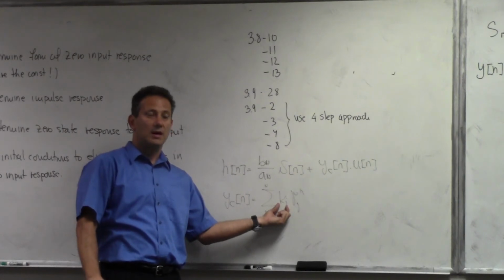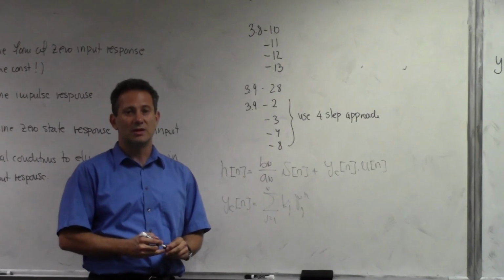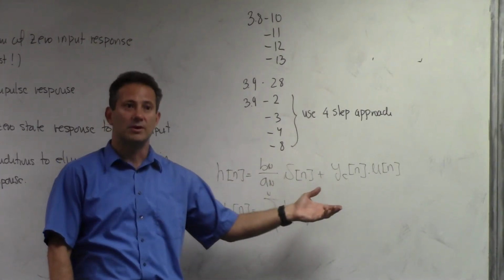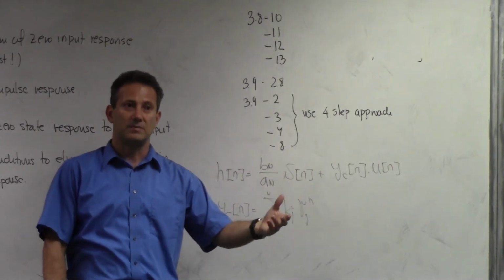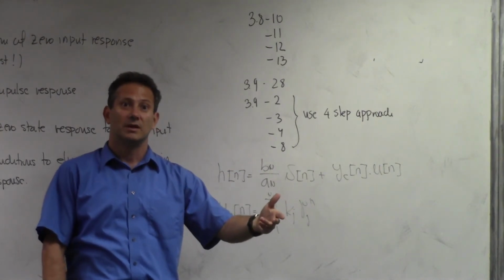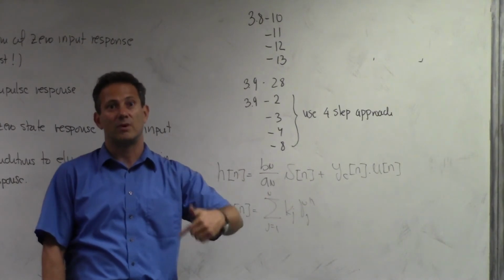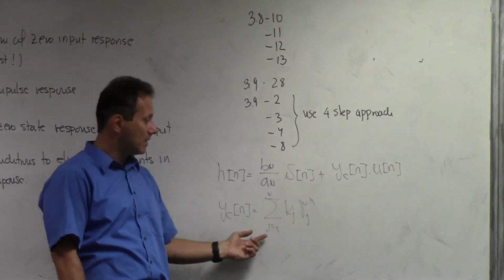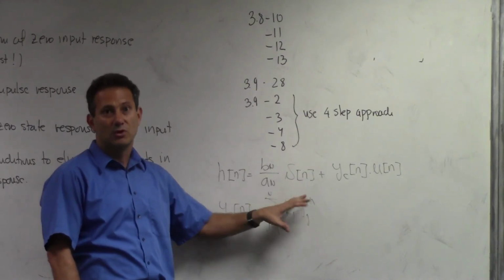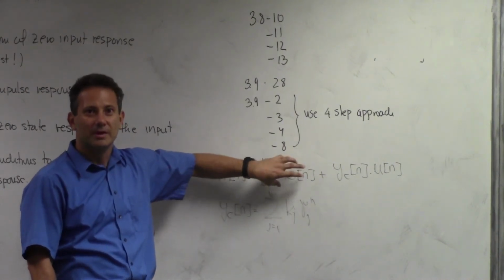You determine them by creating your initial conditions, and you can create the initial conditions by taking the original difference equation and substituting x of n equal delta n, and just evaluate it a few times. Because your output is going to be h of n, so you're going to have h of 0, h of 1, h of 2, and however many you need to solve for this case. So there's a mini initial condition problem inside step 3.